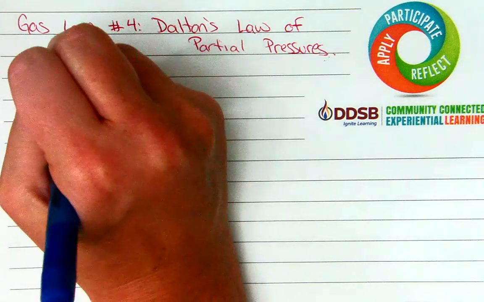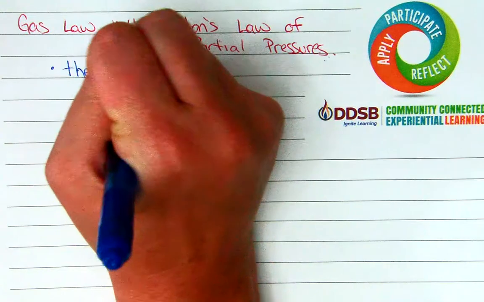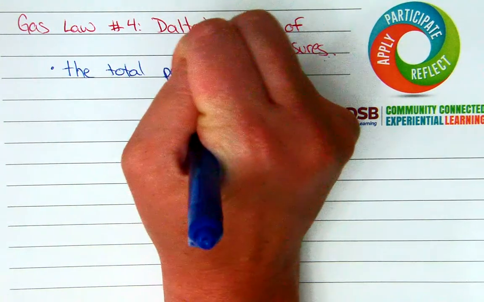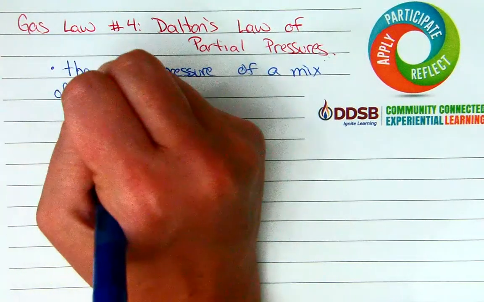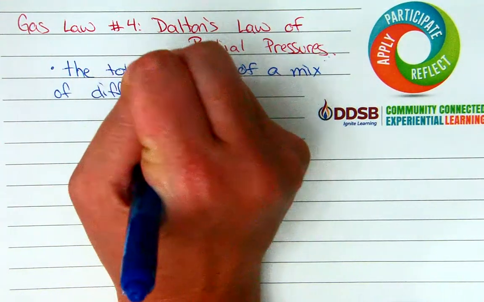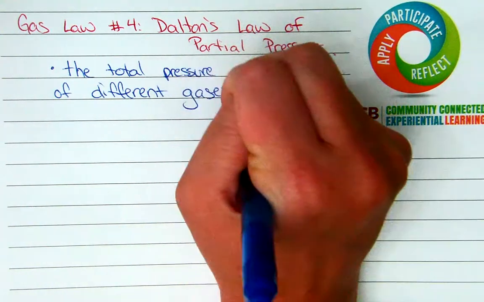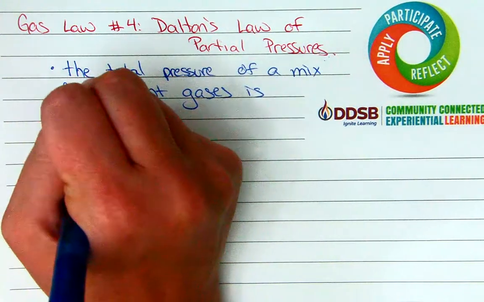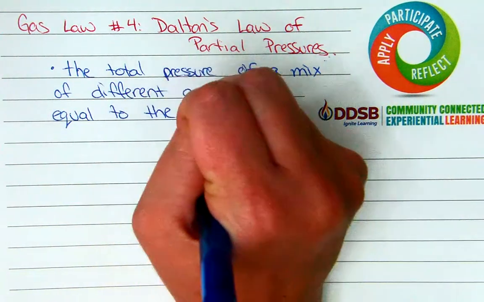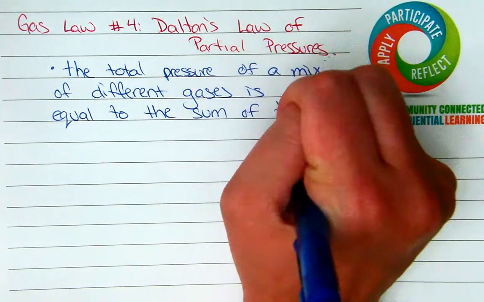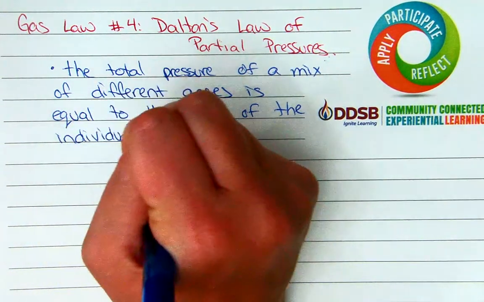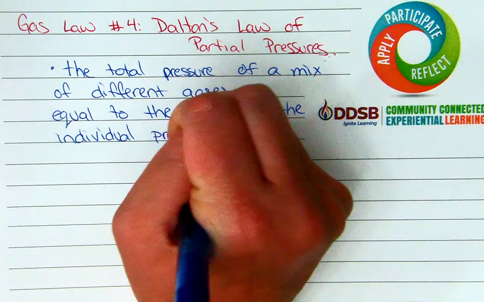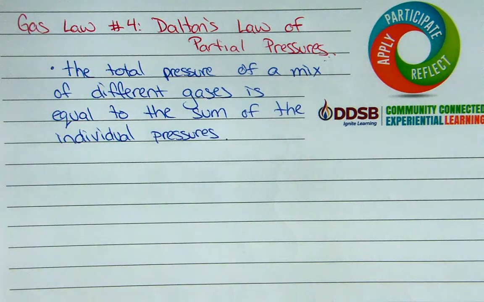So Dalton's law of partial pressures states that the total pressure of a mix of different gases is equal to the sum of the individual pressures.